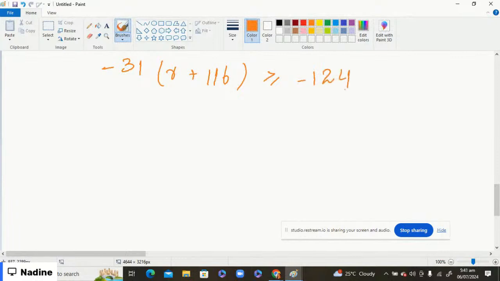Okay, so first of all, we are going to divide both sides by minus 31.